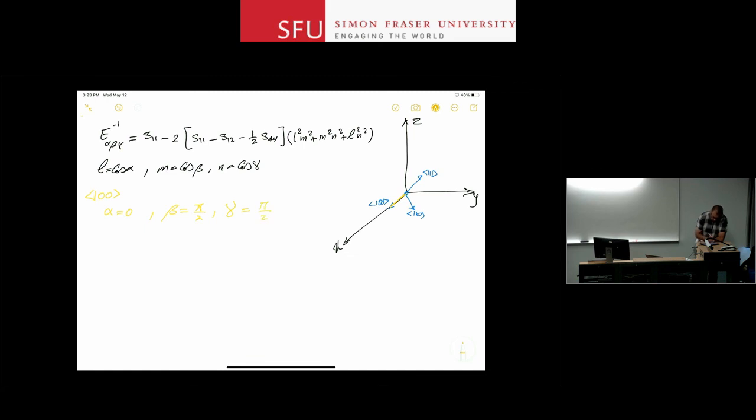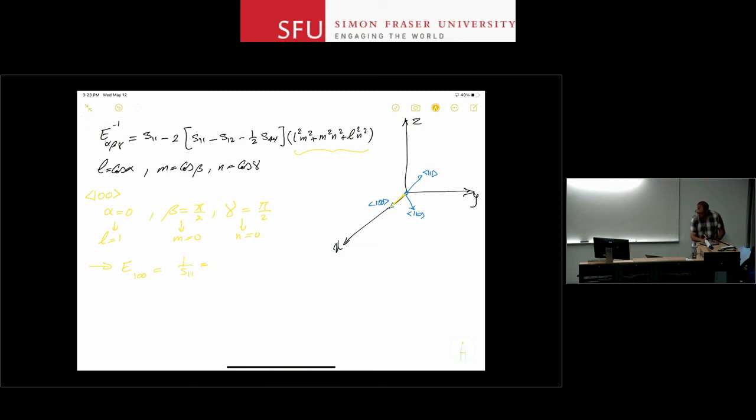So this means L is 1, M is 0, and N is 0. If I plug that into the equation on top, all of these terms are going to be 0, and therefore I can show that E100 is 1 over S11, and I have the values for S11, S12, and S44.